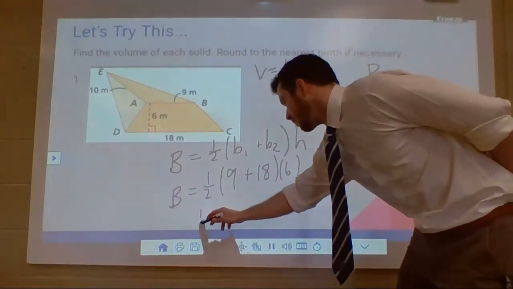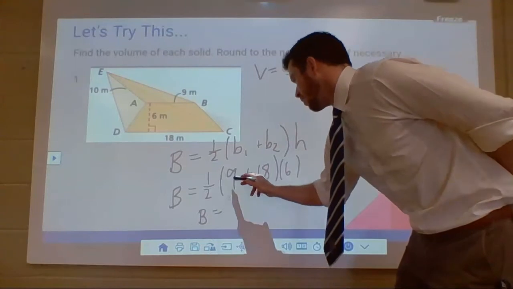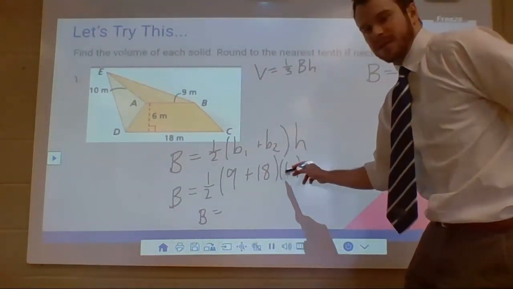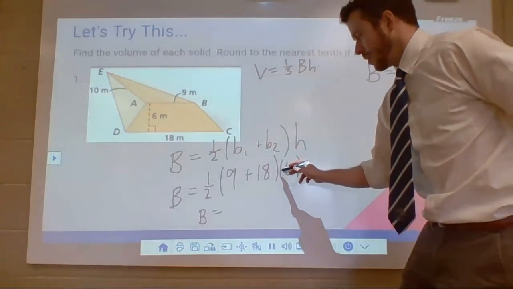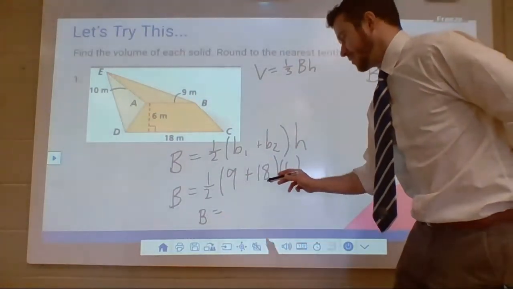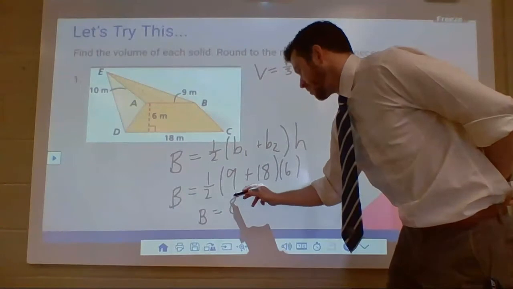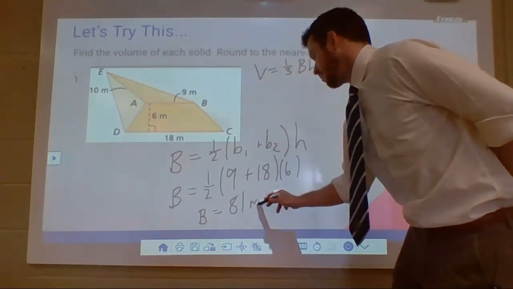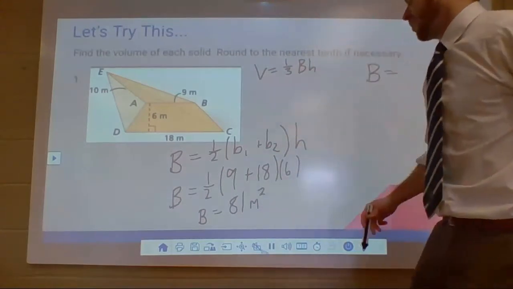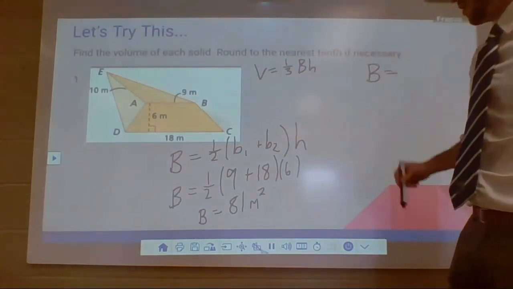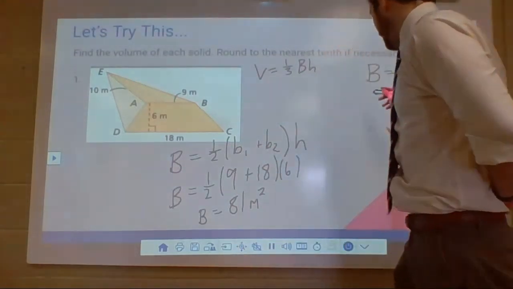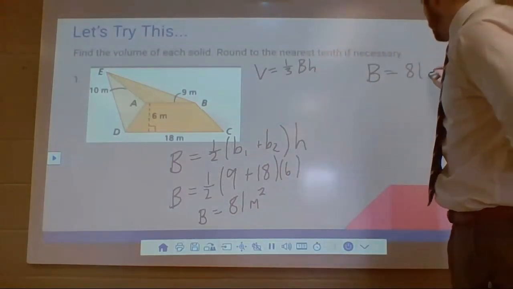We get, let's just say 9 plus 18, that's going to be 27, right? 27 times 6 is 162. 1/2 of 162 is 81. So the area of the base is 81 meters squared.